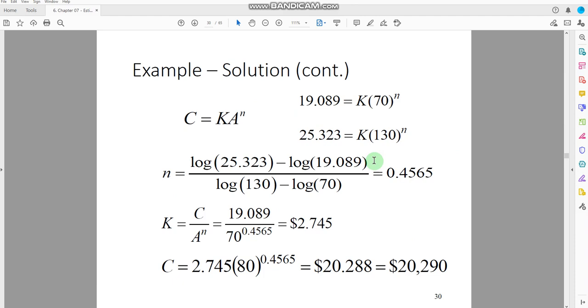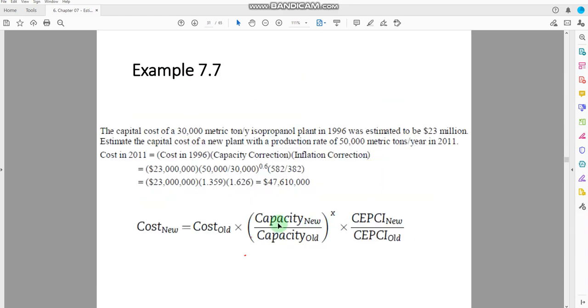Now you can put this information in this equation, and the new value comes out to be $47.6 million. So this is the new value for the cost of this propanol plant. You can use this equation. It combines the cost, capacity, and the inflation together in one part.